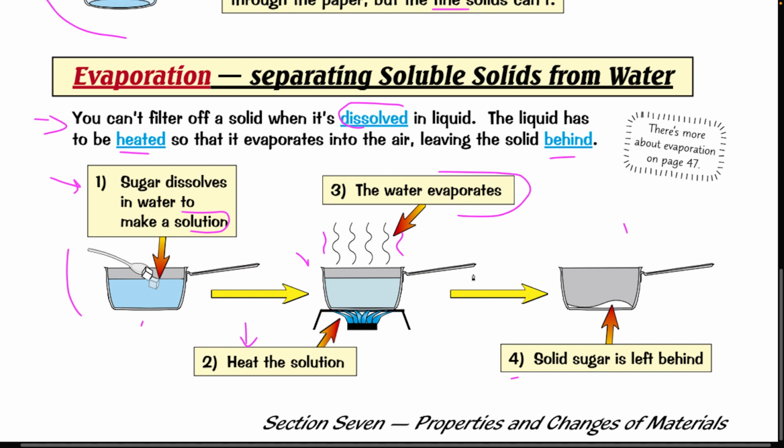What happens here is that if you mix them, they're going to become a new product. If you heat it and let the water evaporate, you're going to see that the water will disappear, and the only thing that will be left inside of this pan is the solid sugar, okay?